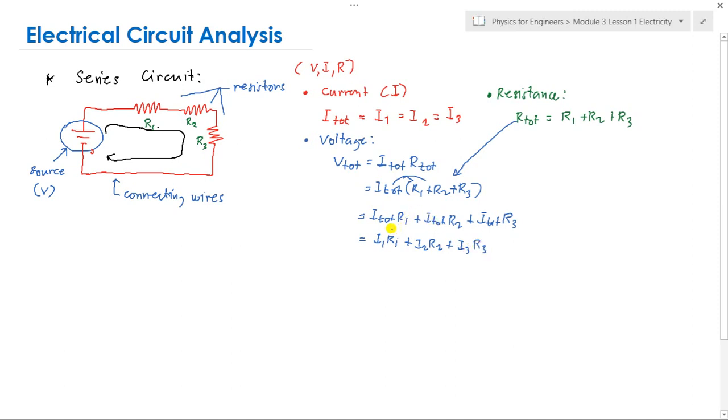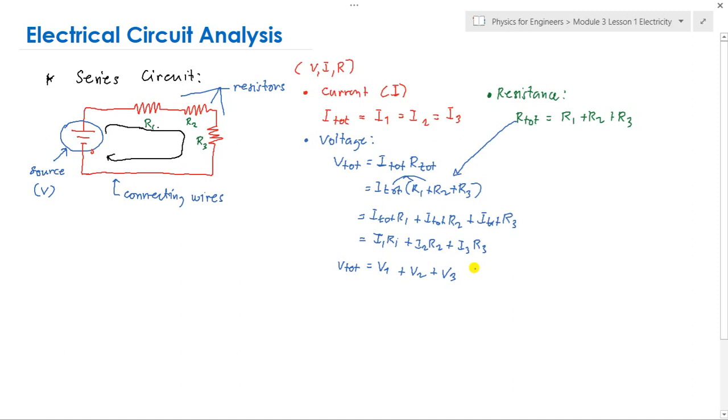Anyways, I1, I2 and I3 are the same. So therefore, the total voltage is just equal to the voltage at resistor 1, since IR is equal to voltage, plus I2 R2, which is V2, plus I3 R3, which is V3.